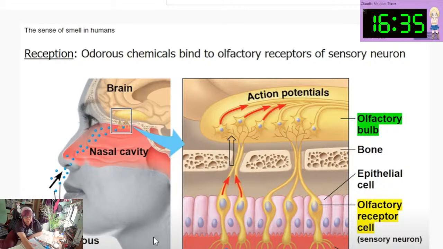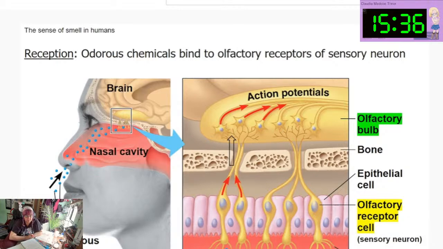With other neurons here. So the neurotransmitters released from the sensory neurons influence action potential firing rates in the olfactory bulb.